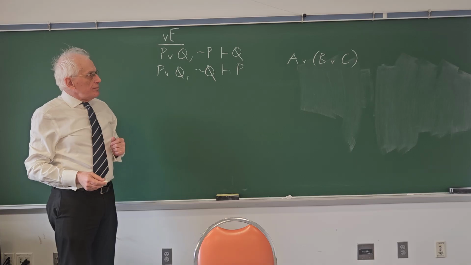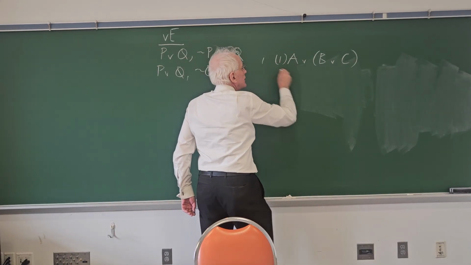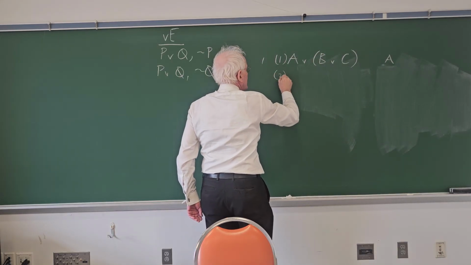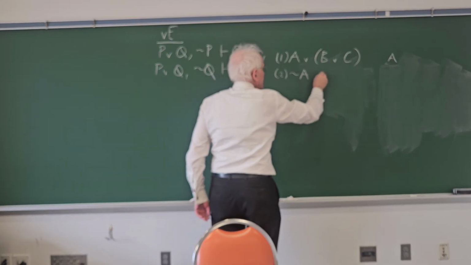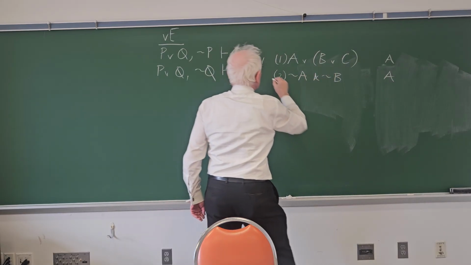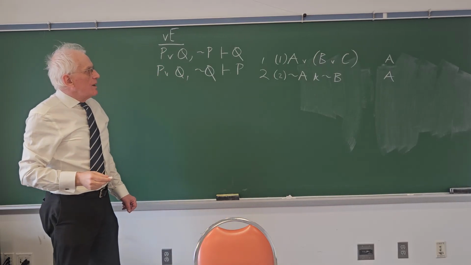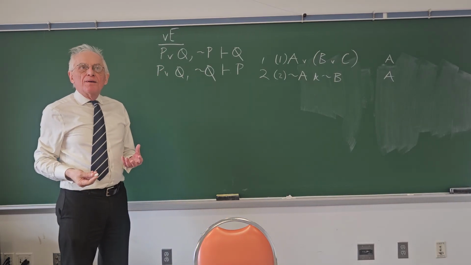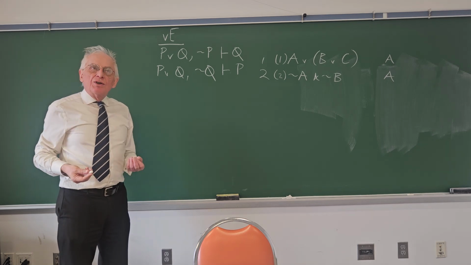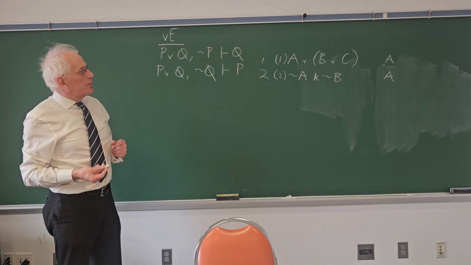So if you have that as one of your assumptions and another of your assumptions might be not A and not B, well, you can prove C here because you can use wedge elimination twice in order to prove C.